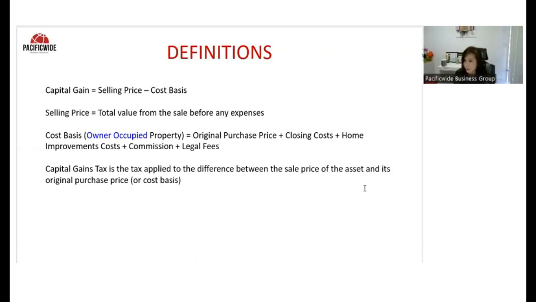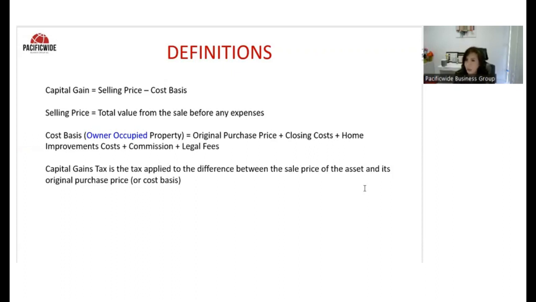So you have to remember the home improvement cost this second time before you sell it, because you want to sell it at a higher price. Whenever you put in money to make the home increase in value, that's your home improvement cost that you can put in here. And when you sell the home, you have to pay commission for the buyer agent and the listing agent.